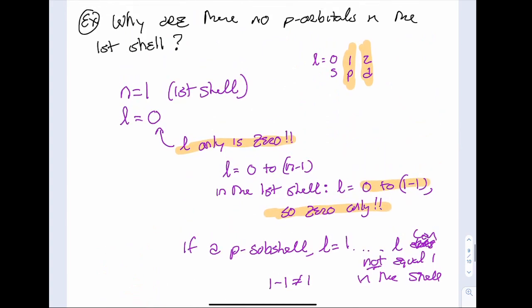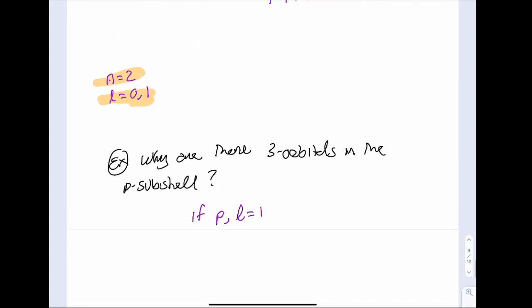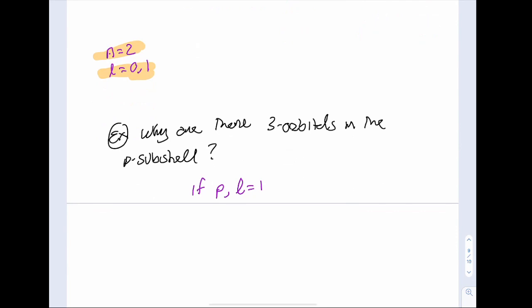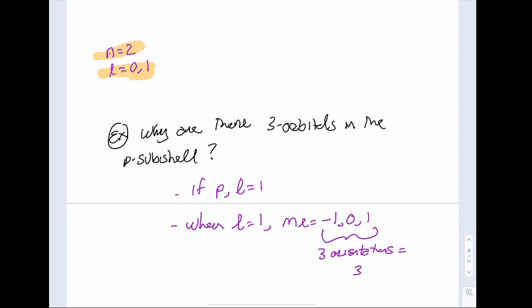Again, that's going back up to this. When l is equal to 1, m sub l equals -1, 0, and 1. 3 orientations, 3 orbitals.